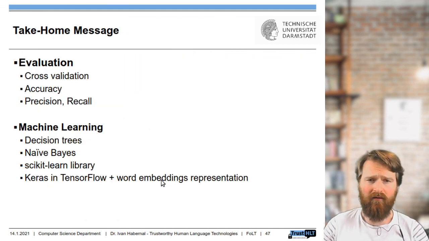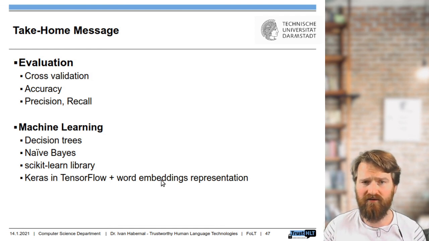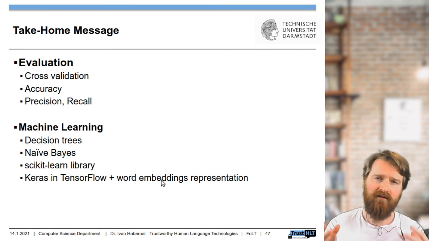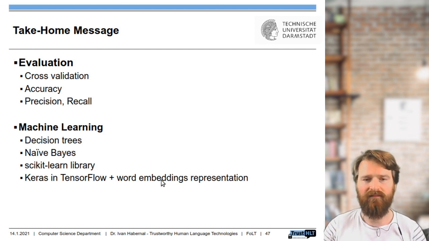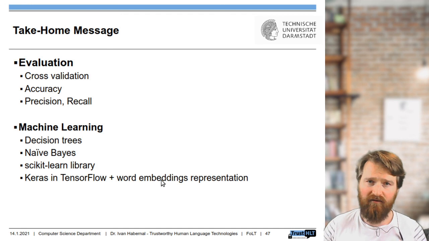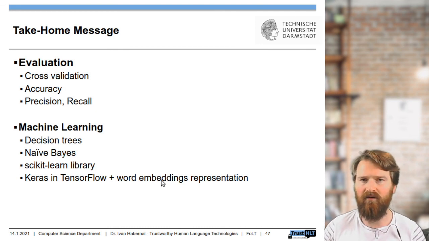So let's bring it home now. Take-home message: we learned something about evaluation. Cross-validation is very nice if you have limited data and still want to employ different training and test splits on the full data set. We have different metrics. Accuracy is good for balanced data. If you have imbalanced data, you might consider other metrics such as precision, recall, or F1 score, the F-measure.